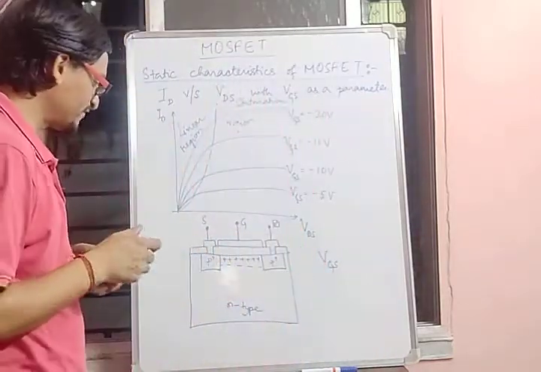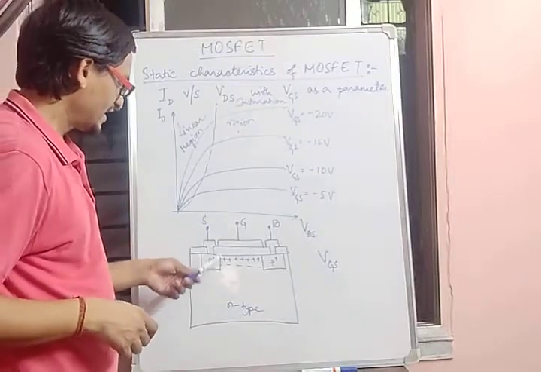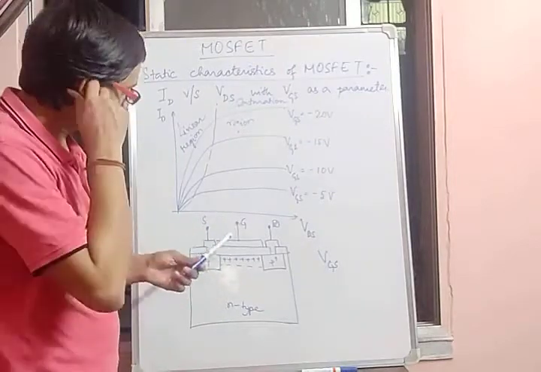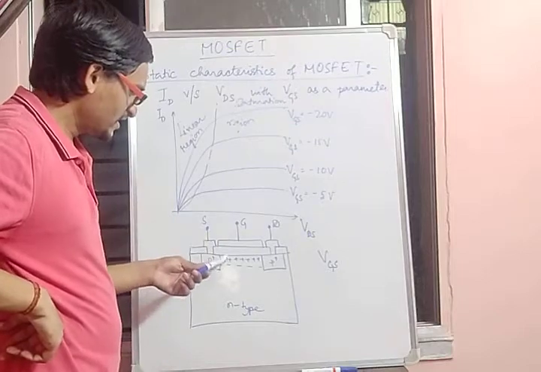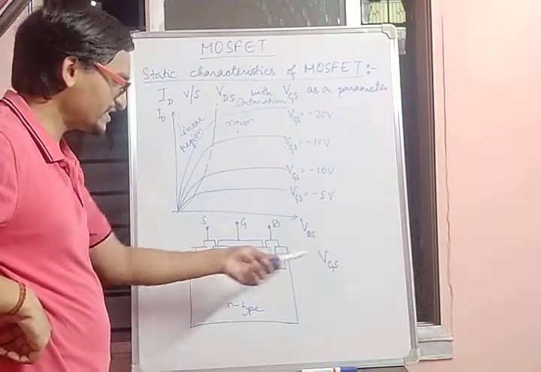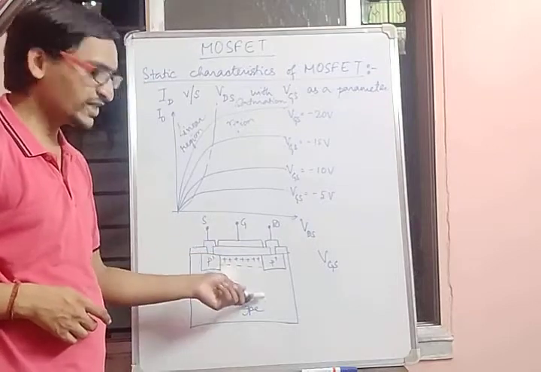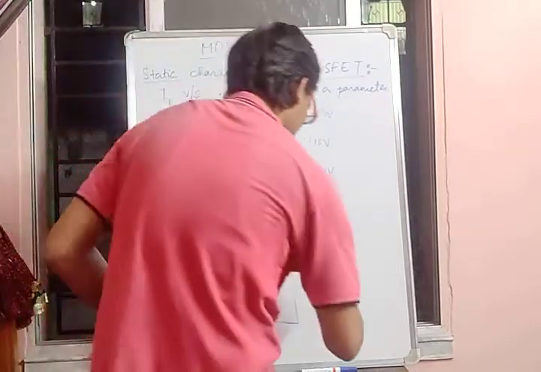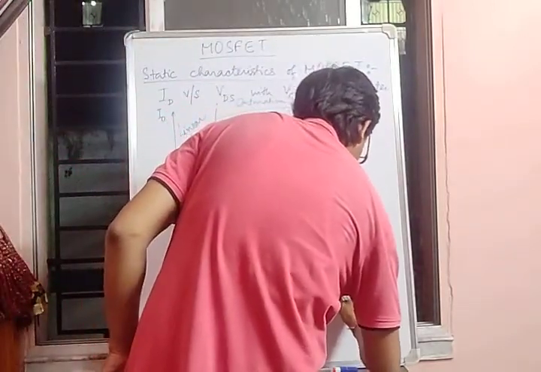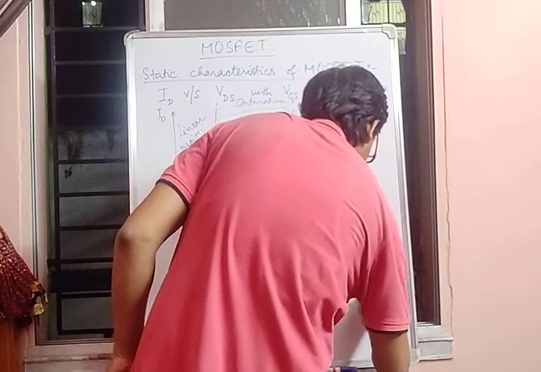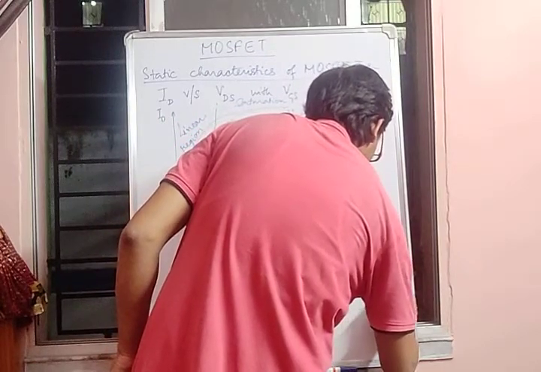The voltage difference between the gate and the channel towards the source side is VGS. On the other hand, the corresponding difference towards the drain side is VGD. This VGD is nothing but VGS minus VDS.